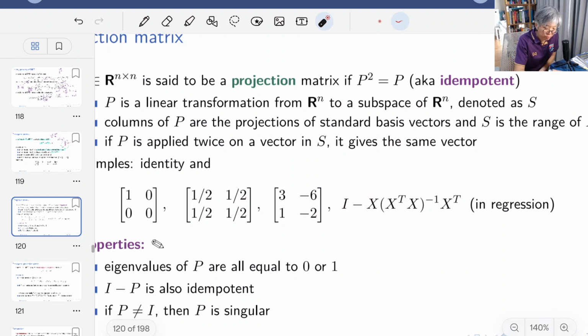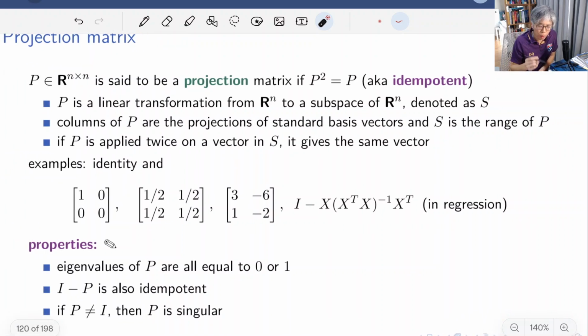When P squared equals P, it turns out that the eigenvalues of an idempotent matrix are all equal to 0 or 1. Why? When you want to prove something about the eigenvalue, you think of the eigenvalue problem. Suppose Px equals lambda x.